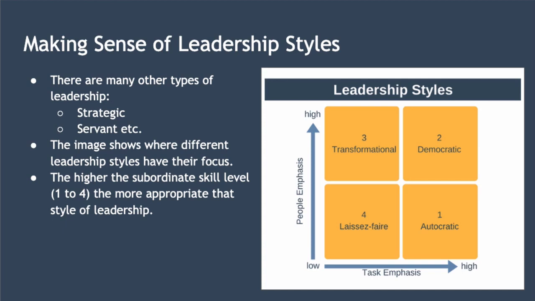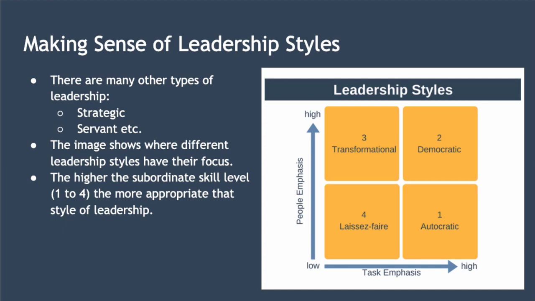So autocratic leadership is good for people with very low skill levels, whereas laissez-faire leadership works well for people with a very high degree of skill and self-direction. So essentially, the leader's behavior should change according to which quadrant their subordinates or their followers' capabilities fall within.